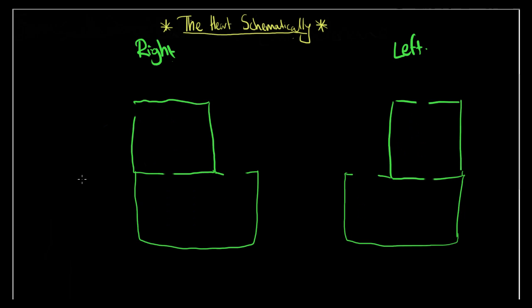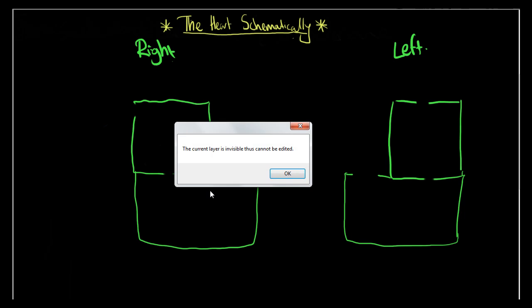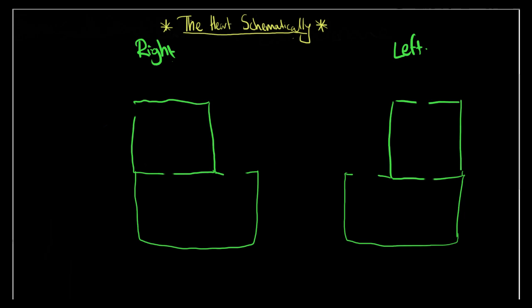So okay. So when we first come in with our blood, we're coming from deoxygenated blood from the body, from the systemic system. So give me a second here.